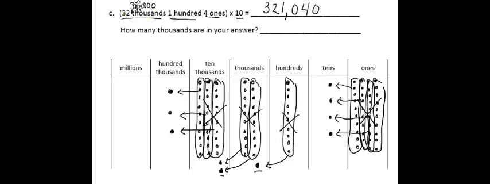That means that 32 thousands plus 100 plus 4 ones times 10 equals 321,040. And again, the question asking how many thousands are in your answer? Well, we said we had 321 thousands. So that's how many thousands are in my answer, 321.